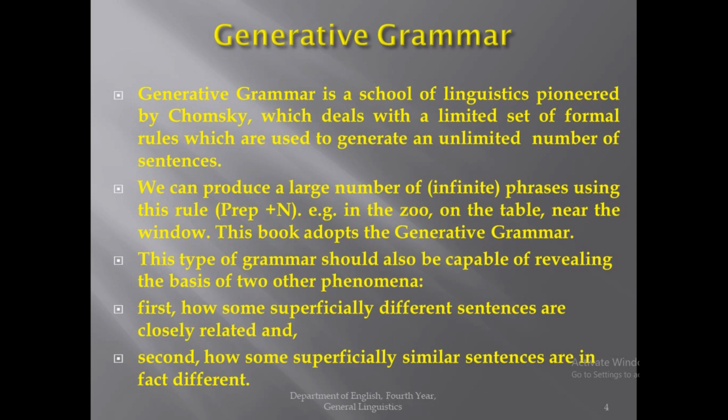Now we can produce a large number of infinite phrases using a rule. For example, preposition plus noun: in the zoo, on the table, near the window, etc. Unlimited set of phrases.